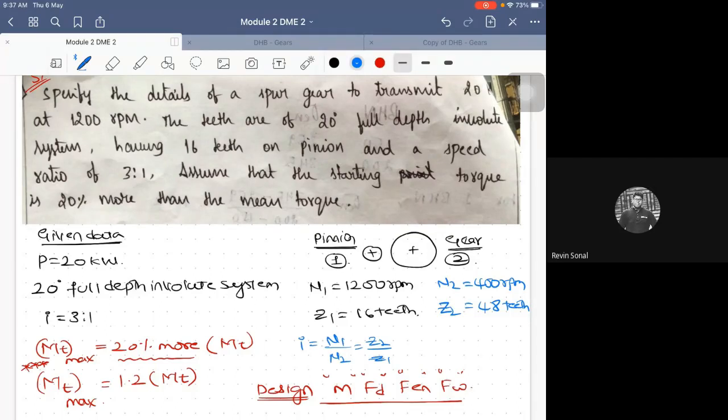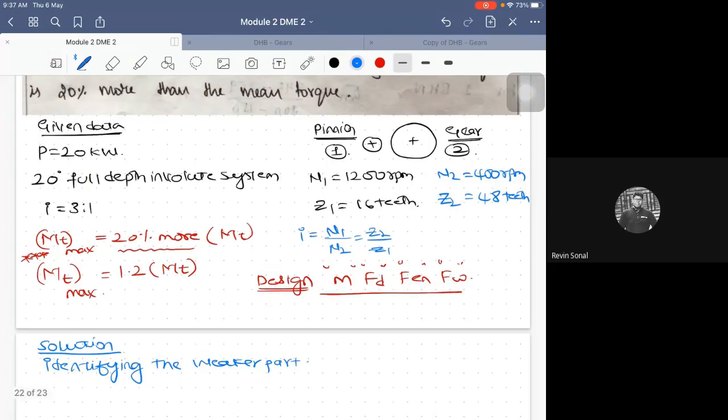In this particular problem, now I have to identify the weaker part. How will you identify the weaker part?